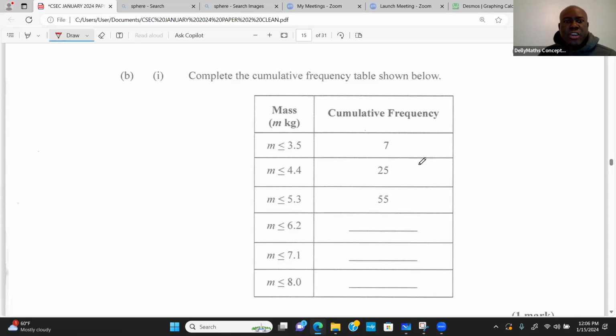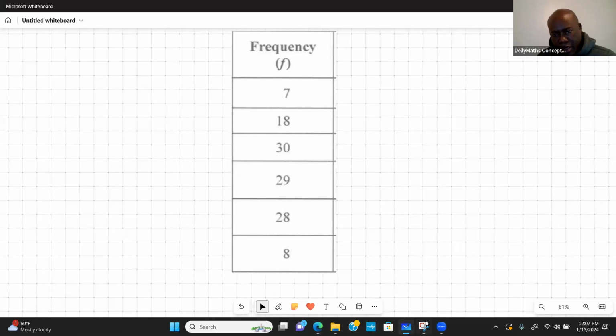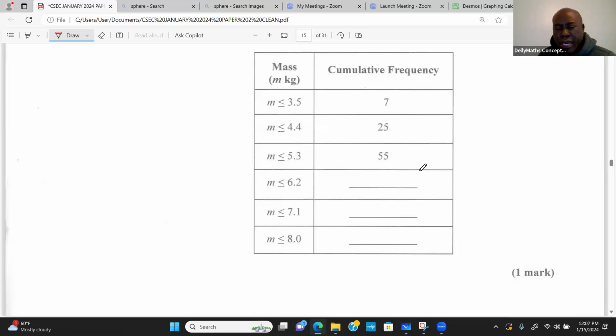All right, complete the cumulative frequency table. What a cumulative frequency is, it's adding up the frequencies. So as you could see, we are at 55, right? So we're going to keep adding.